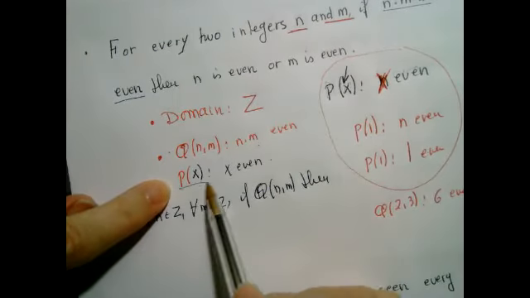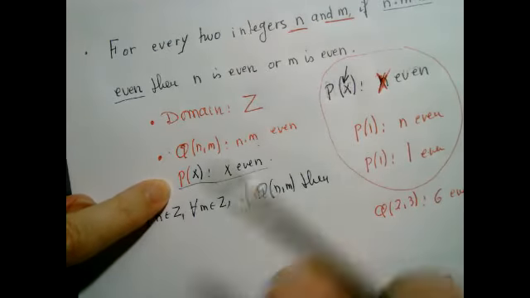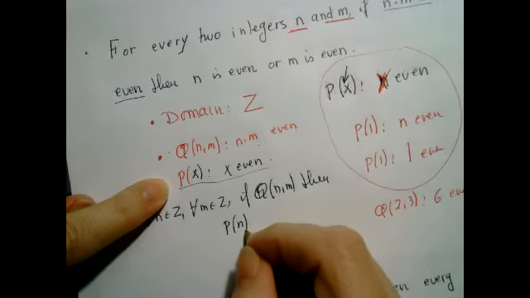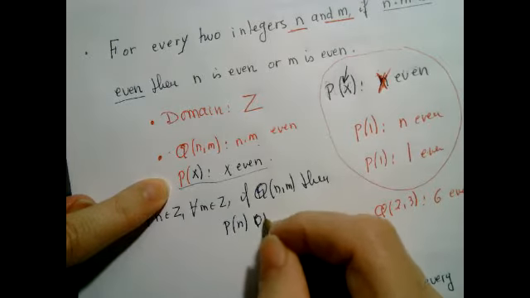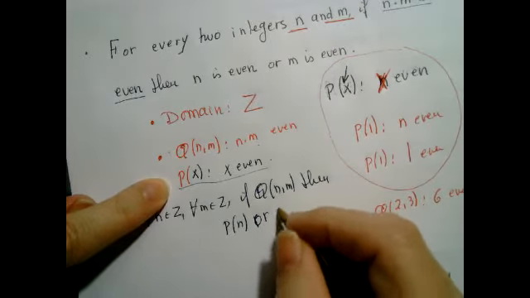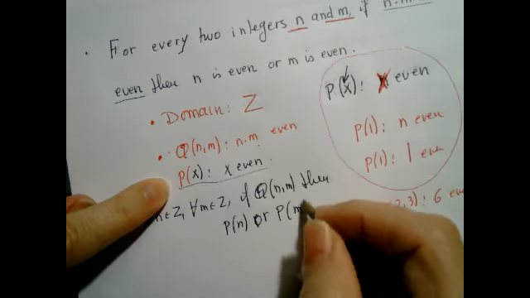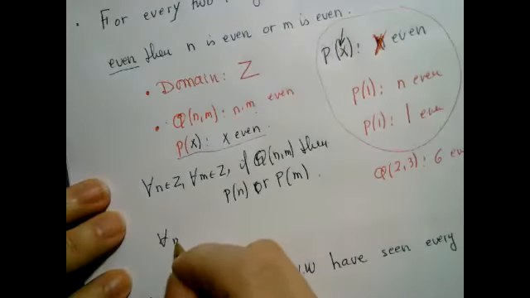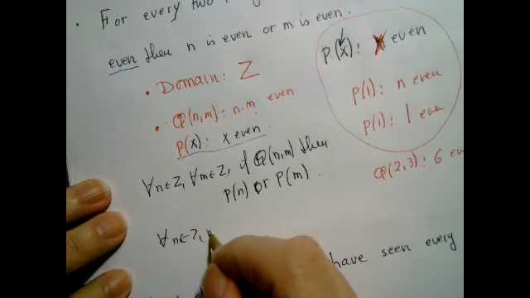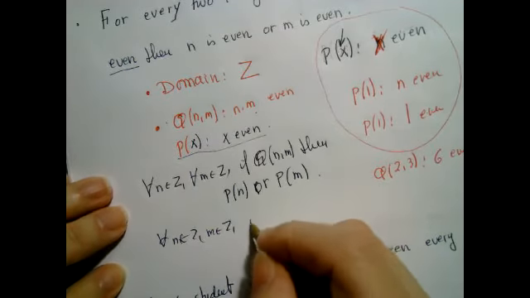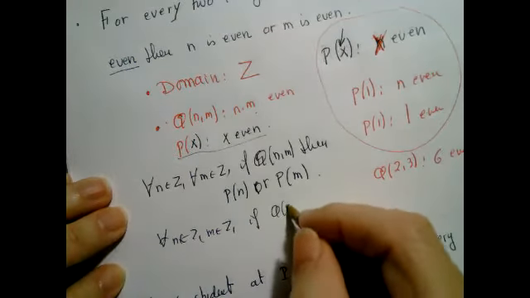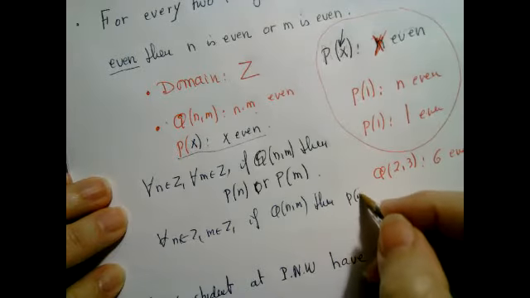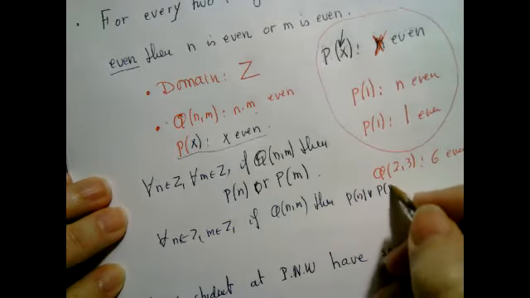Now I only introduce P of x because it's the same attribute, but here I have to write P of n or P of m. So in other words, for all n, m in Z, if Q of n and m, then P of n or P of m.